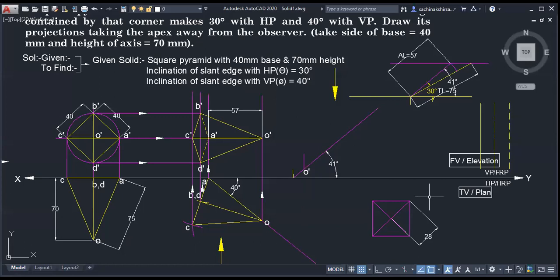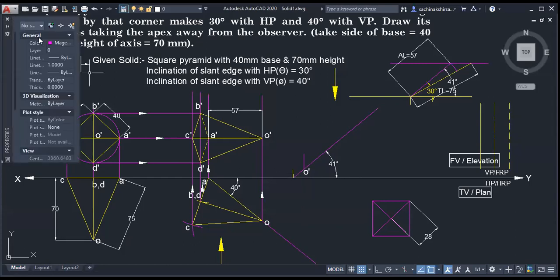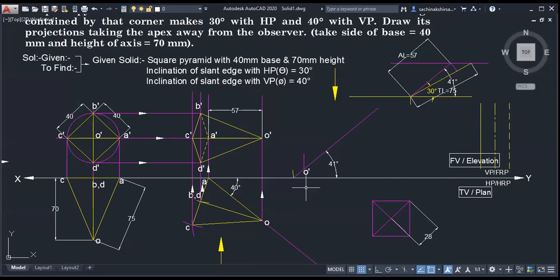How much is the length? Let us mark first A dash O dash. How much is it? 57, no? Yes, sir. Mark the point A dash on this line, 41 degree.